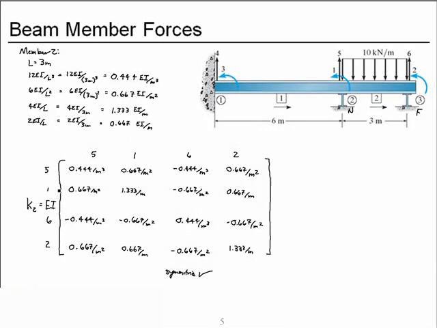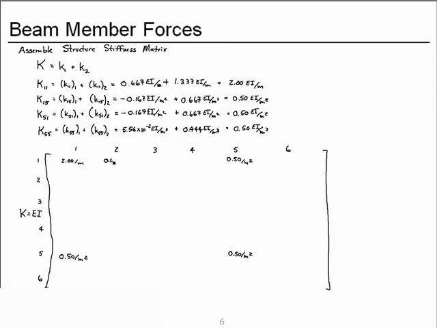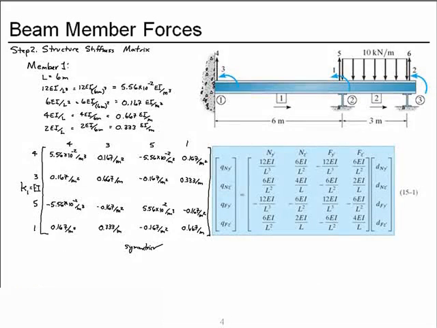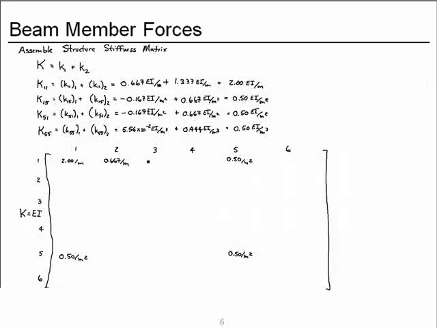So coefficient 1,2 will be 0.667 EI per meter. Now for 1,3. Those degrees of freedom are only connected by member 1. So our coefficient is 0.333 EI per meter.